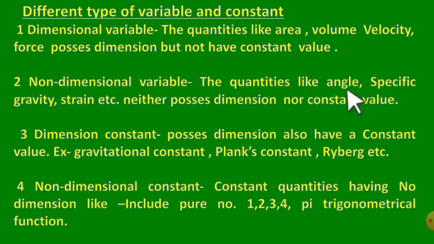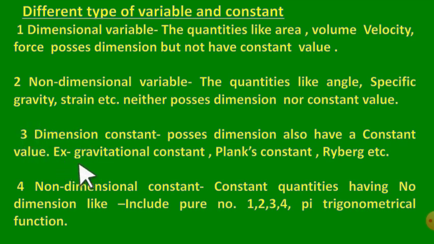Like angle. The angle between two arms may have different values. Specific gravity: the mass of the substance to the mass of an equal volume of water, we call that ratio the specific gravity of that particular body, right? So mass divided by mass.